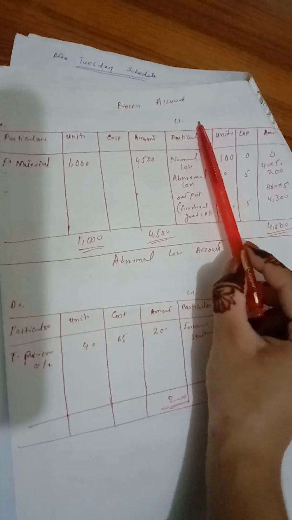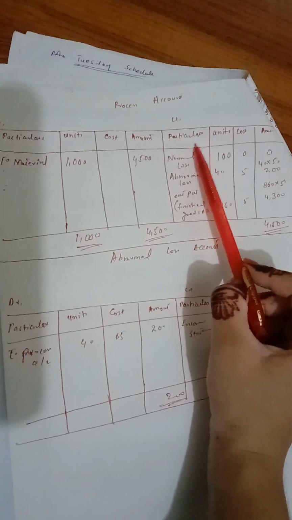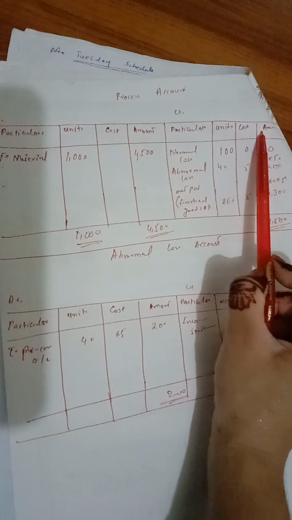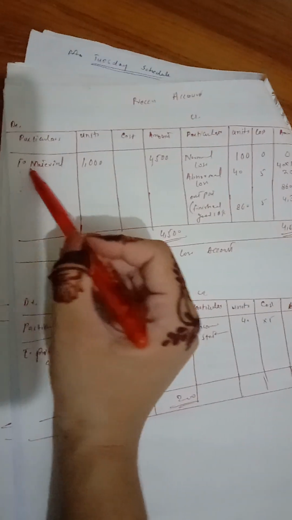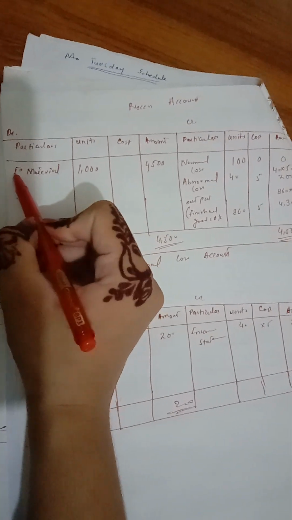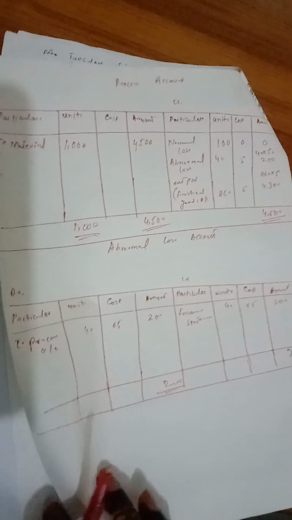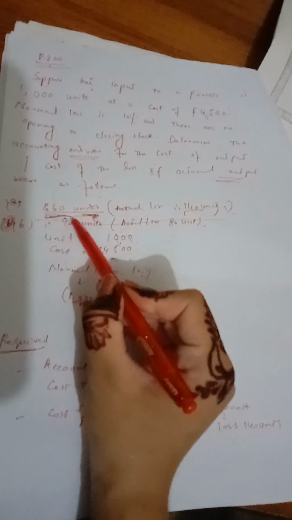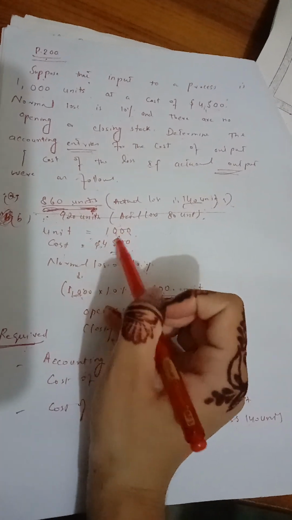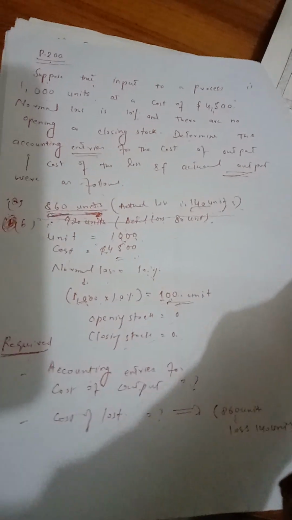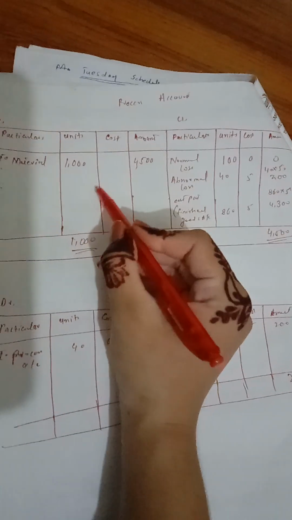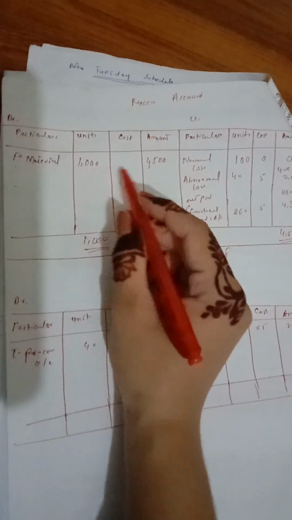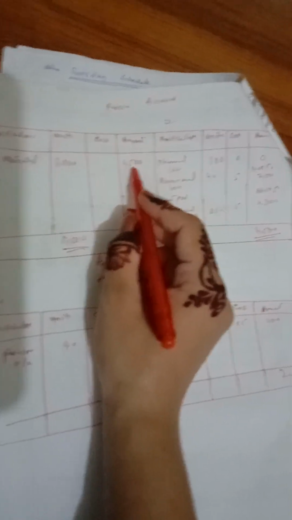Likewise, the credit side also includes particulars, units, cost and amount. First of all, we write down the material, which is given as 1000 units with the cost of 4500.